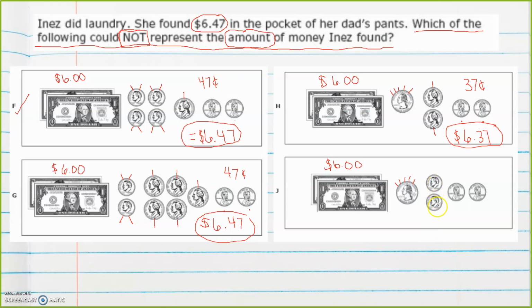I have 2 dimes right here, which are worth 10 cents. 5, 10, 5, 10, and I have 2 pennies. So let's count our coins. 5, 10, 15, 20, 25, 30, 35, 40, 45, 46, 47. 47 cents, which gives me $6.47.